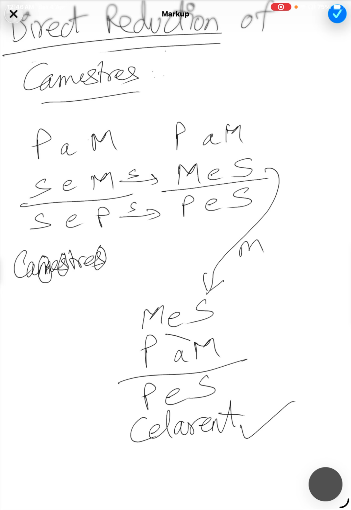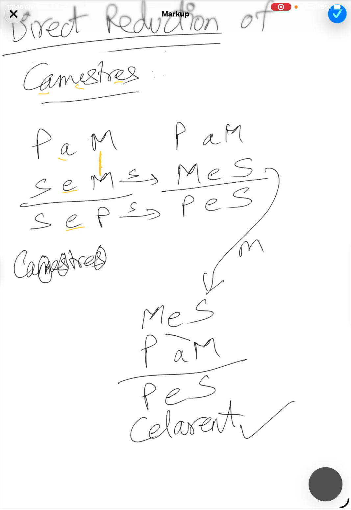So, the middle term will be in the predicate of both the major premise as well as the minor premise. So you make the second figure of the syllogism, and Camestres has A, E, and E. So A, E, and E. Okay, this is your syllogism.